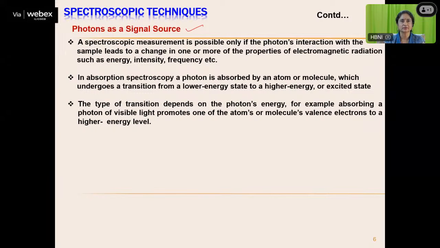So in absorption spectroscopy, a photon is absorbed by an atom or molecule which undergoes a transition from lower energy state to higher energy state, and thereby it absorbs the incident radiation. Now, the type of transition depends on the photon's energy. For example, absorbing a photon of visible light promotes one of the atom's or molecule's valence electrons to a higher energy level. And therefore, there will be a decrease in intensity, which can be correlated with its concentration.